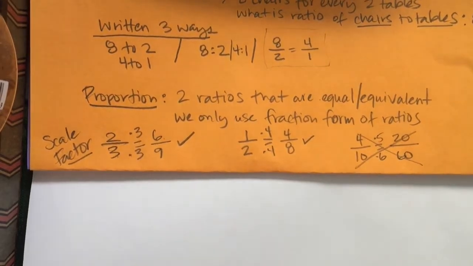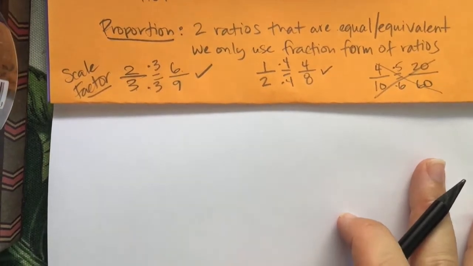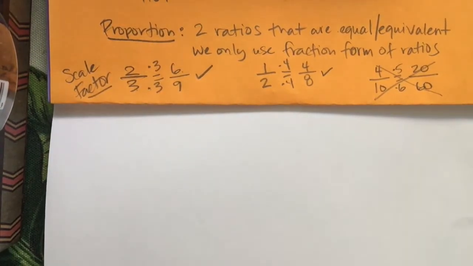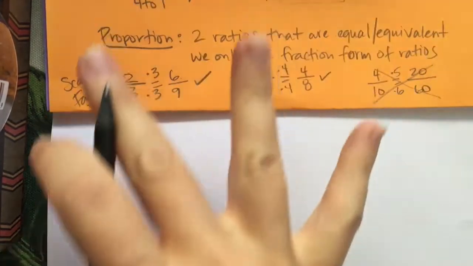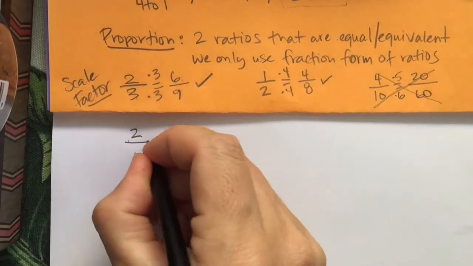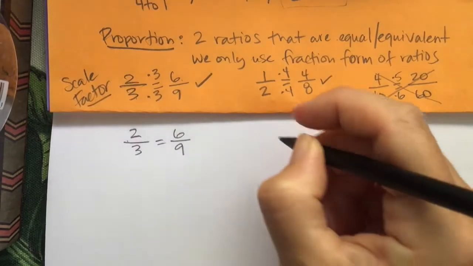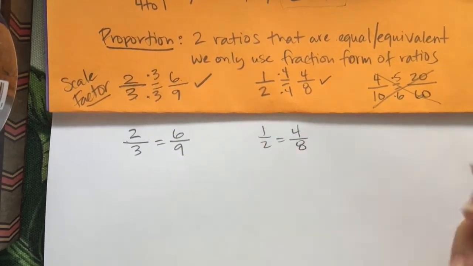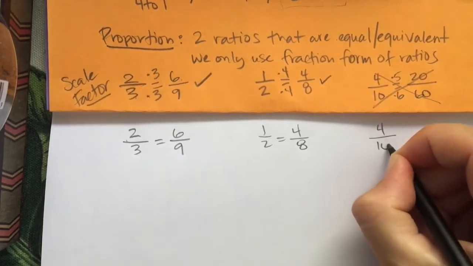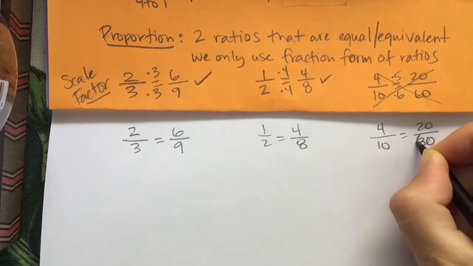Okay? The other way that we can tell if ratios are in proportion is through the products of the numbers diagonal from each other. So let's take these two examples again. Notice I gave you all this room to write these notes. Oops, 20 over 60.